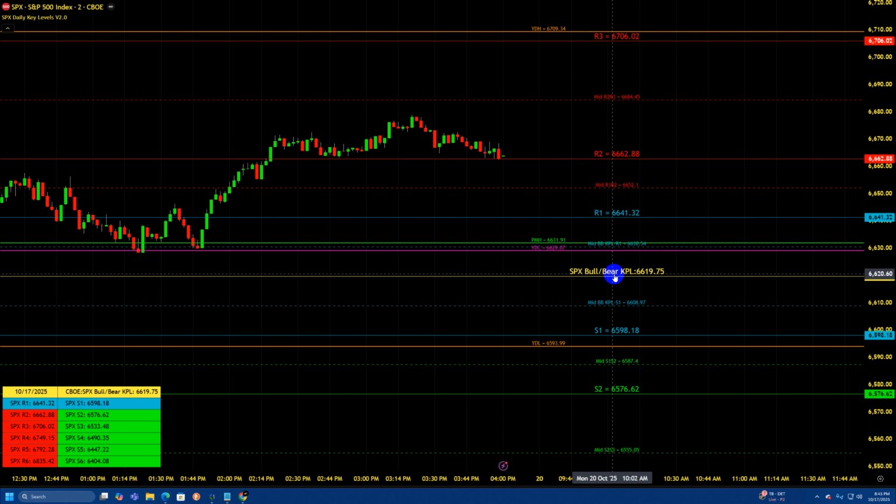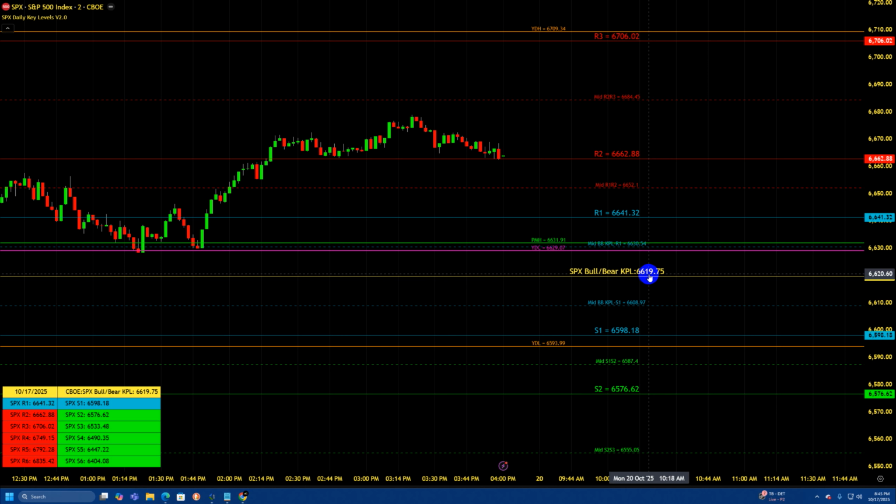Our standard option play is to look at an at the money option as our primary option for that bullish play. You take a look at the price of the level. 66.1975 was that level for today, and so the closest at the money strike for SPX is going to be 66.20, and on a bullish play it would be the 66.20 call.